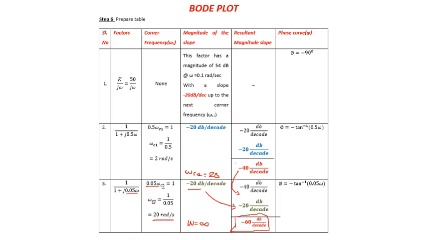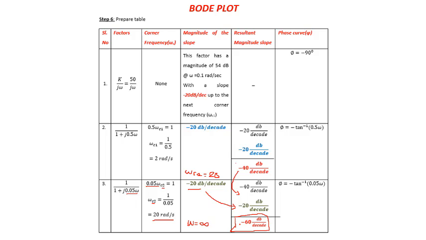The first magnitude line will start at omega equal to 0.1 at minus 20 dB per decade and end at the first corner frequency, that is 2 radians per second. The second magnitude line starts at a rate of minus 40 dB per decade from omega equal to 2, the first corner frequency, until 20 radians per second.